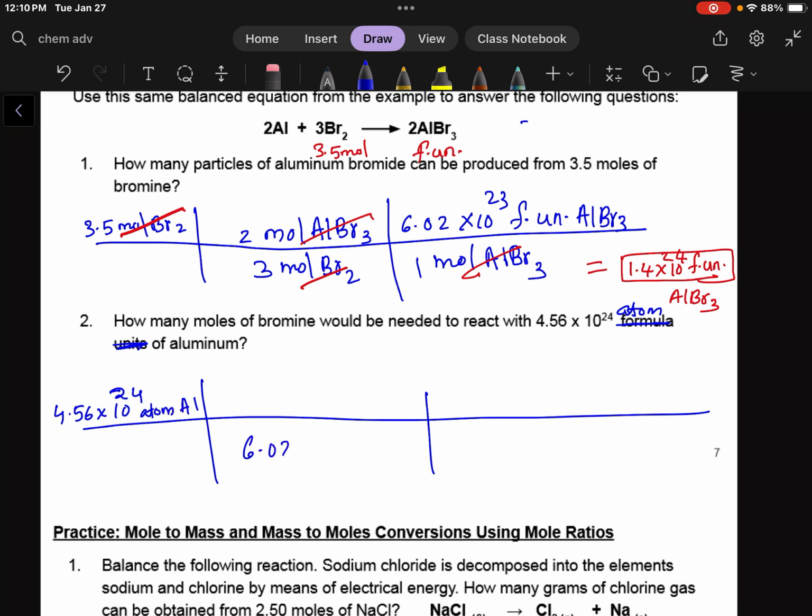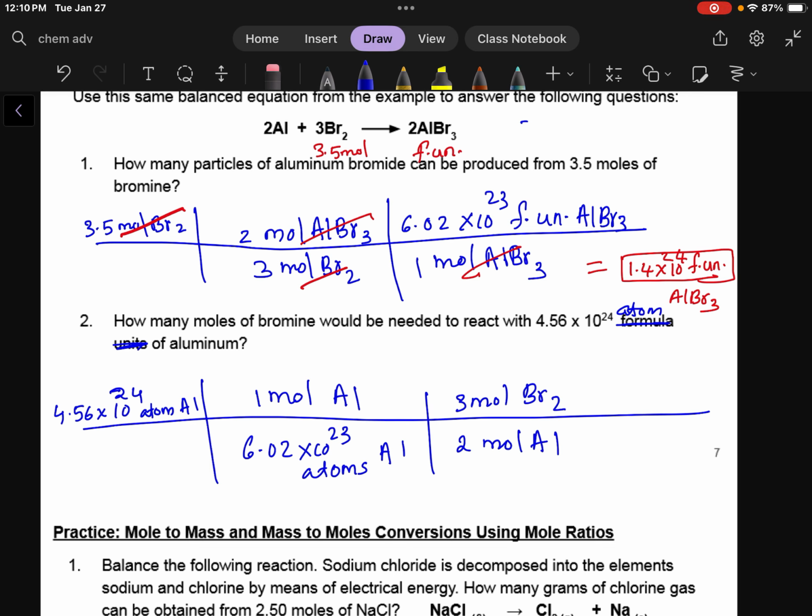Then we know that these many atoms are in 1 mole of aluminum, so you will write 1 mole of aluminum is this many atoms. If particles are given, we need to find the moles. The only way we can do that is to divide by the Avogadro number. Now copy the unit, and we know that it is 2 moles in the question, and you are going to find the bromine, which is 3 moles of bromine.